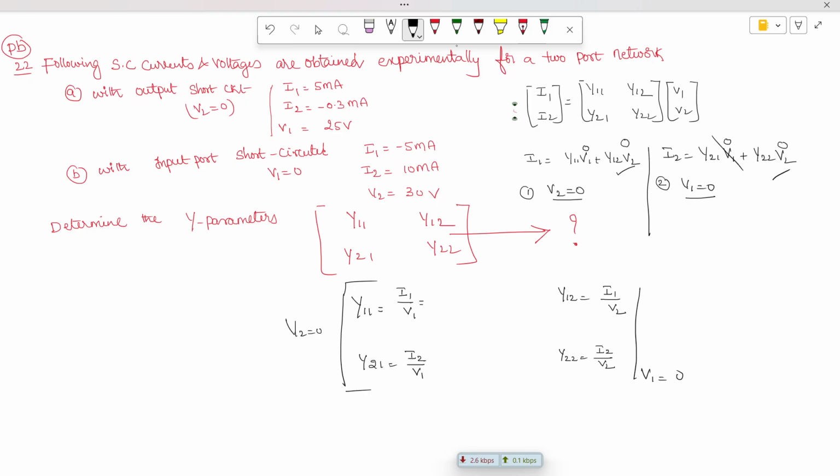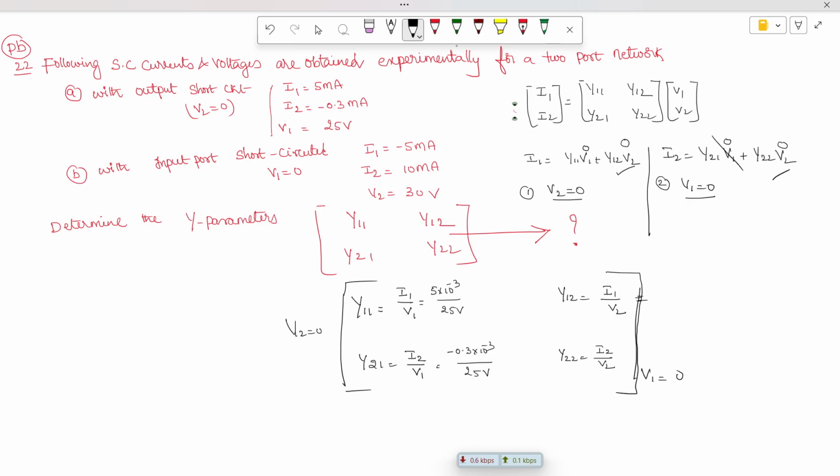Now the resultant admittance matrix is like this. The value of I1 is 5 milliamperes divided by V1, which is 25 volts. And here I2 is minus 0.3 into 10 to the power minus 3 divided by V1, which is 25 volts.